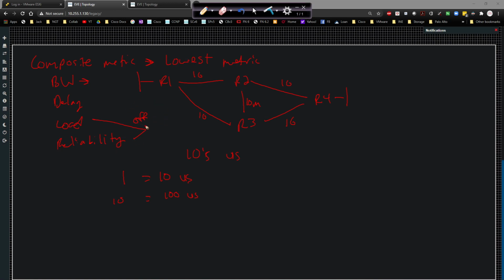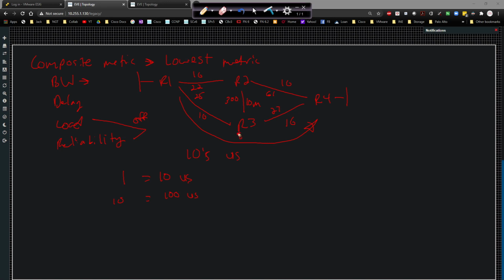When we do something like this, and we're looking at bandwidth and delay, remember we're looking at this in increments of 10 microseconds, and it's a cumulative delay. So if this is 25, this is 22, this is 300, this is 61, and this is 27, we have some math to do, right? This path right here would be how much? 25 and 27 is what?